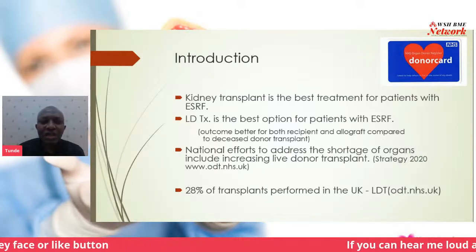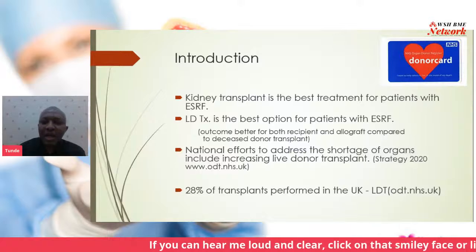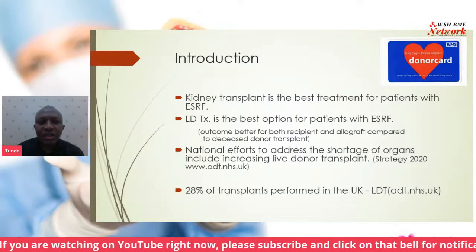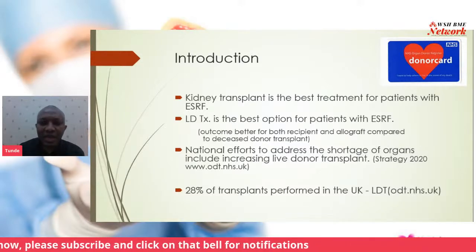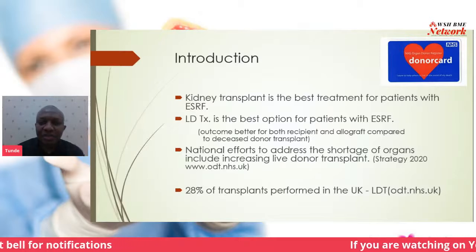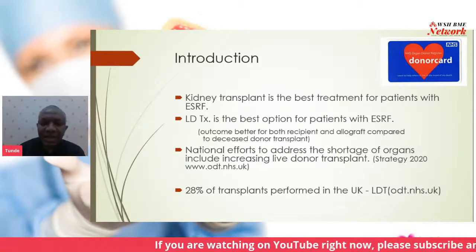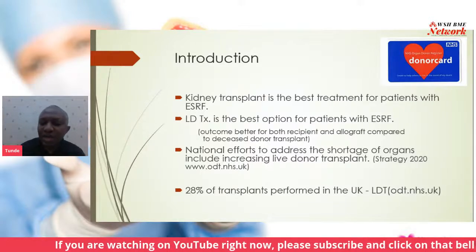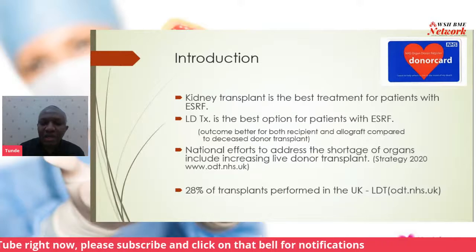So there have been national efforts ongoing to address the shortage, including increasing the live donor transplant rate in the UK. Currently, about 28% of transplants performed are from live donors. In the Netherlands, the figure is much higher. It's almost about 50%.